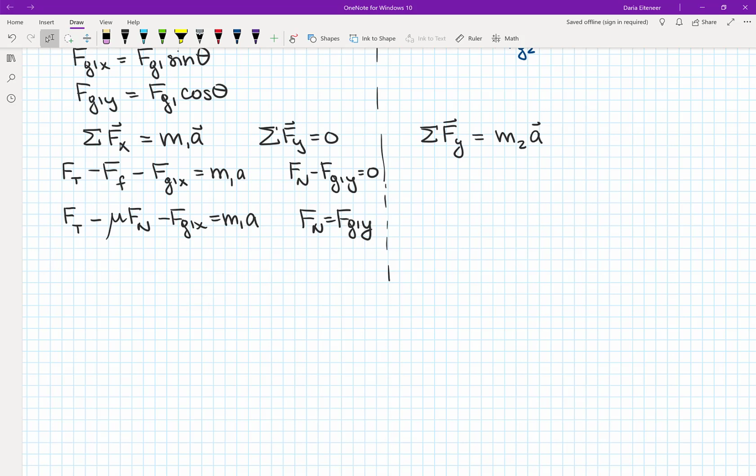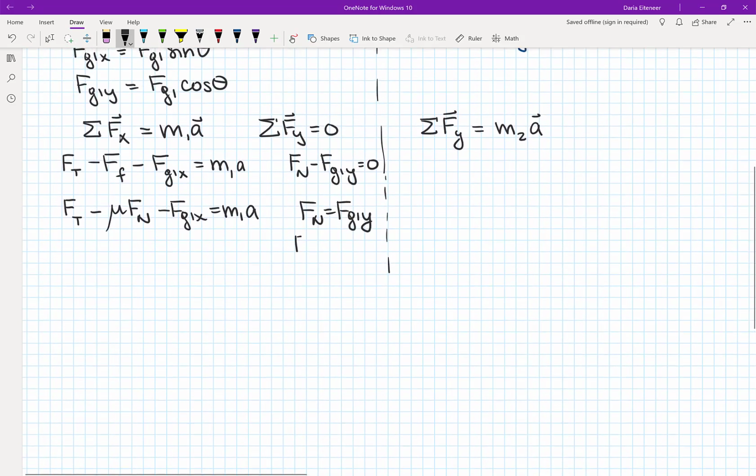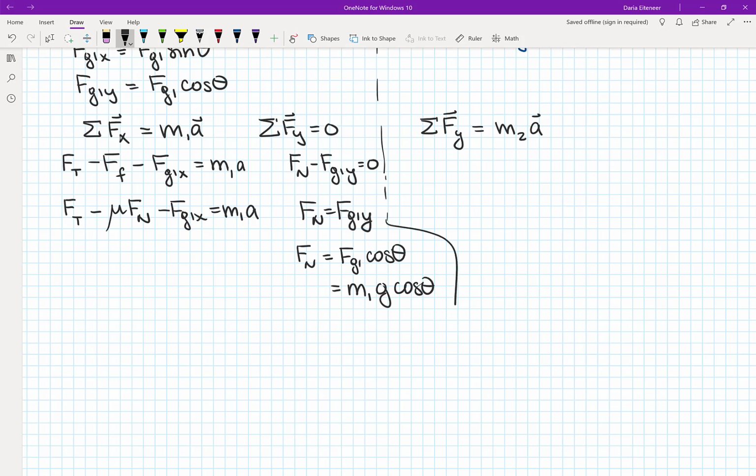So my next step is to write normal force as Fg1 cosine theta, and then I can take it one step further and write it as m1g cosine theta. So that's my normal force.